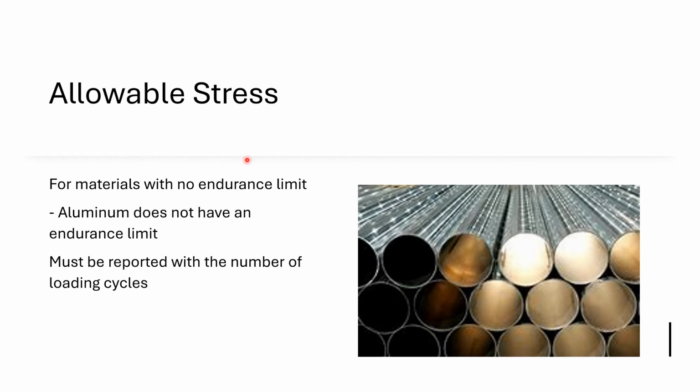For materials with the endurance limit, we don't care what the number of cycles is. Therefore, for the material without the endurance limit, this allowable stress must be reported with the number of loading cycles. So it depends on the loading cycle, and don't forget that.